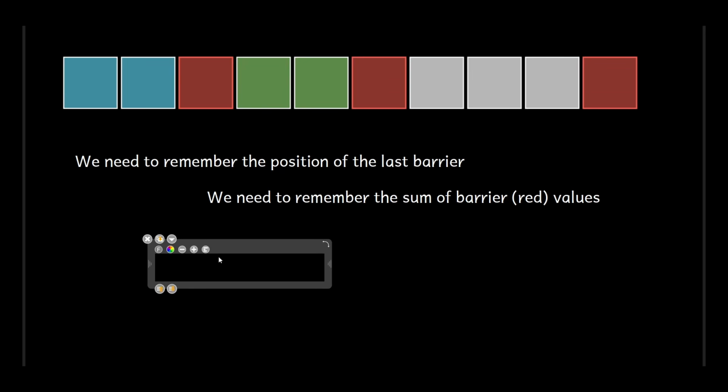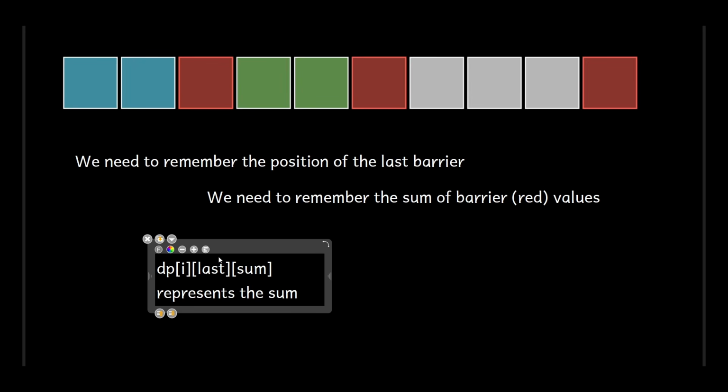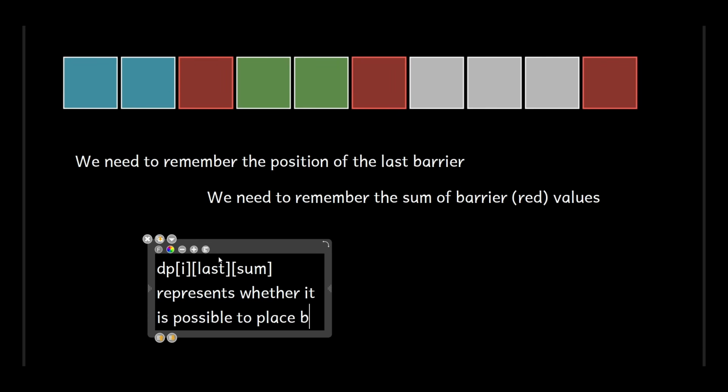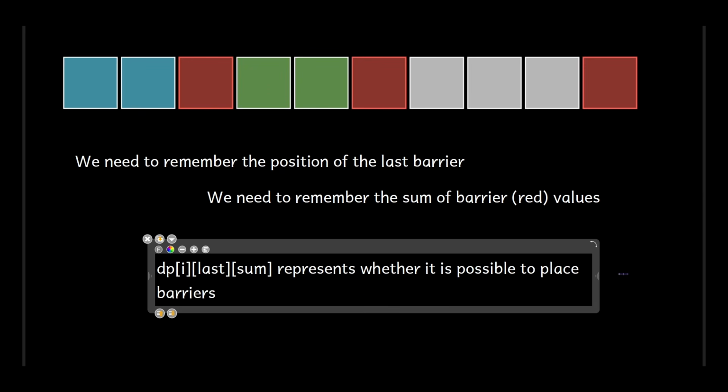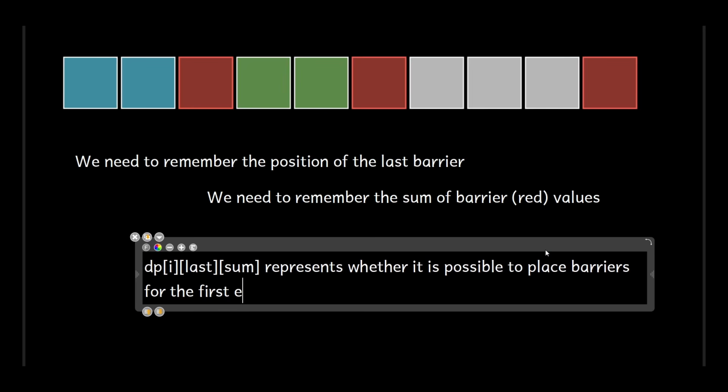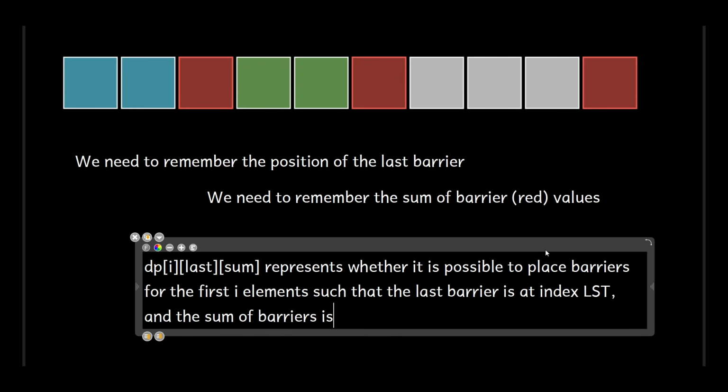So if you define a dynamic programming like so, dp of i, last and sum, a 3D dp, then dp of i, last, sum represents whether it is possible to place barriers for the first i elements such that the last barrier is at index last, and the sum of barriers is sum.